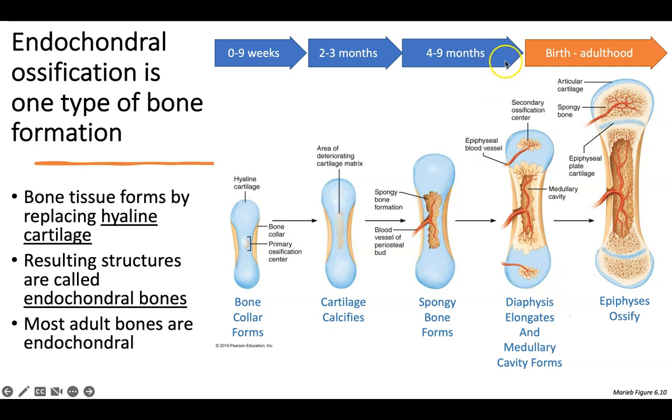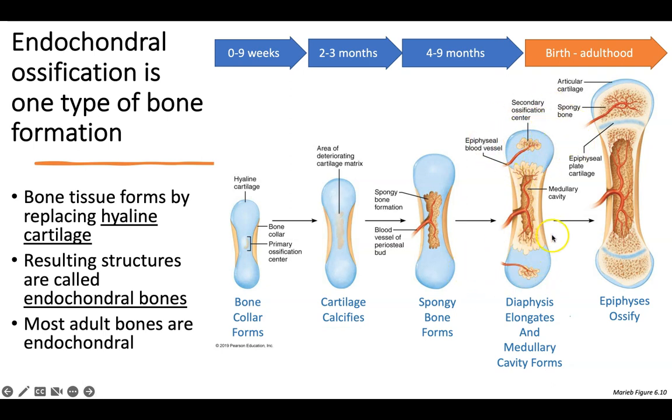And then finally, again, at 4 to 9 months, so right around the time of birth, we get the diaphysis elongating and the medullary cavity forming. So here's this cavity in the center. It's going to be filled, at least at that point in development, with red bone marrow, so being a source of red blood cells. And you can see lots of blood vessels going in and out.